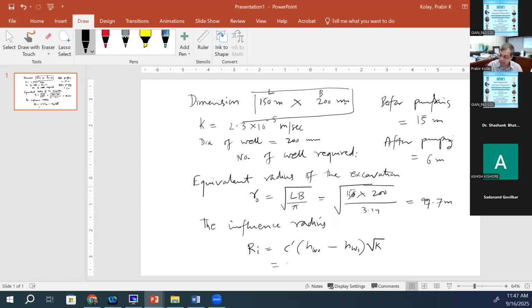In the PowerPoint slide I mentioned, for different well point systems, single or multiple, we have a range around 3,000. HW0, before pumping, was 15 meters, minus HW1 after pumping, which is 6 meters. And the square root of K is given as 2.3 times 10 to the power minus 5 meter per second. So you can calculate here, it is 129.5 meters. Okay? This is the one you need to calculate first.